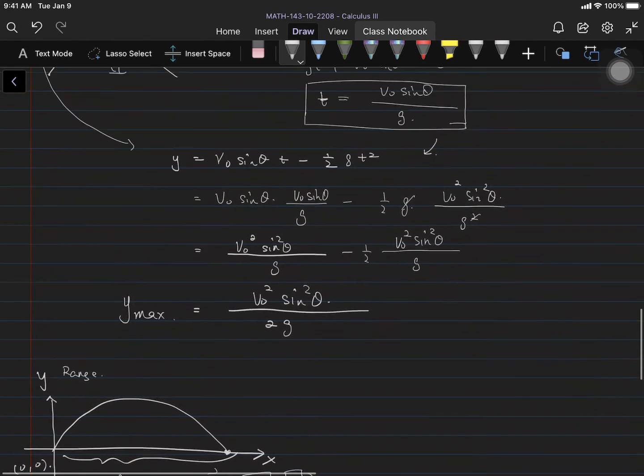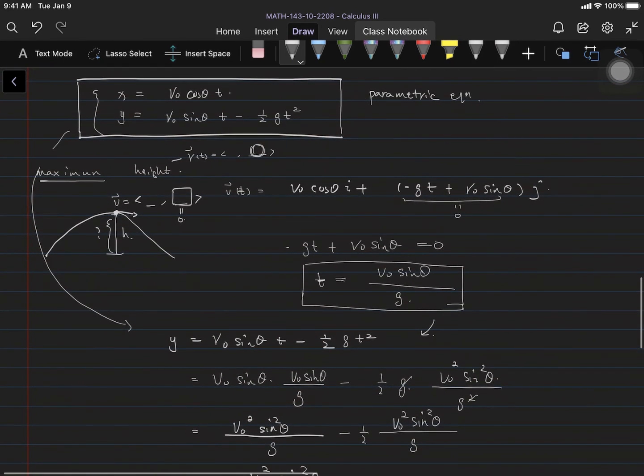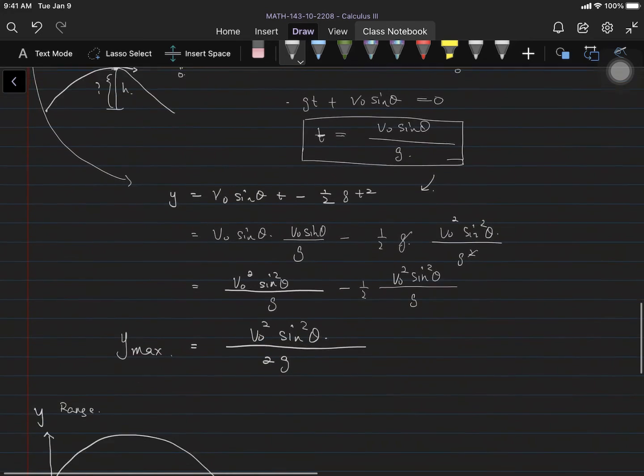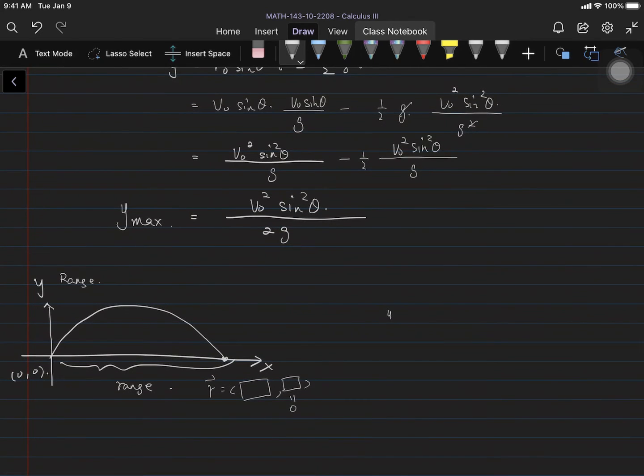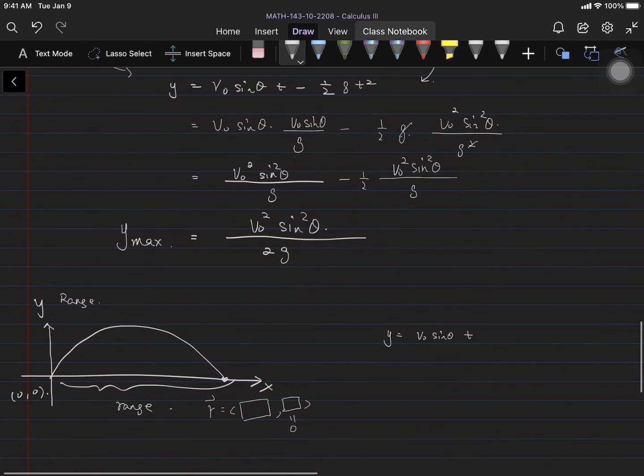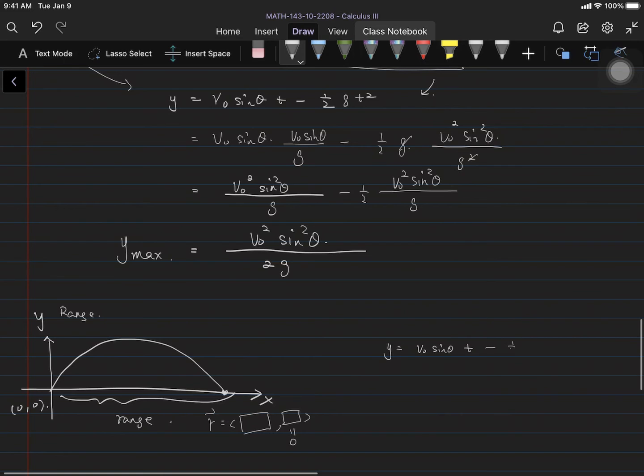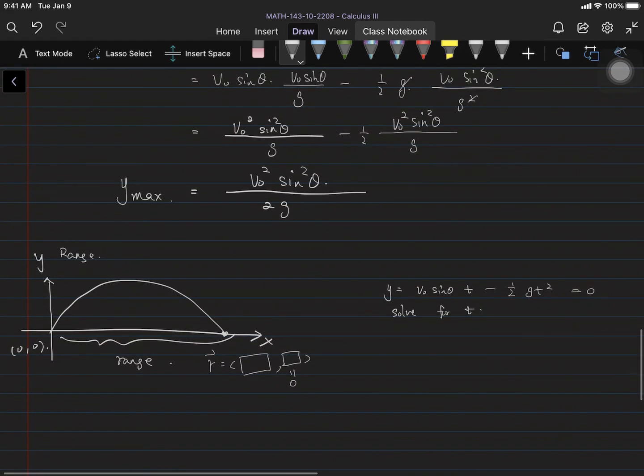If we look at the y value here, y equals v0 sin theta t minus 1/2 gt squared. We make this equal 0 and solve for t. That means when it's going to hit the ground.